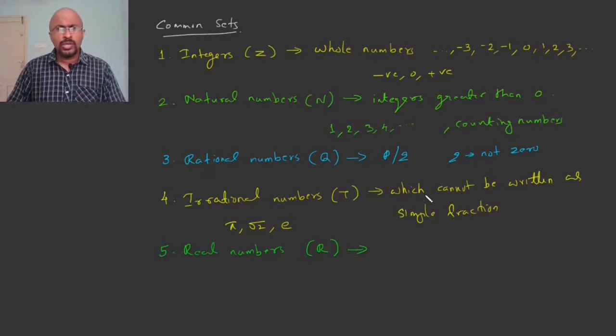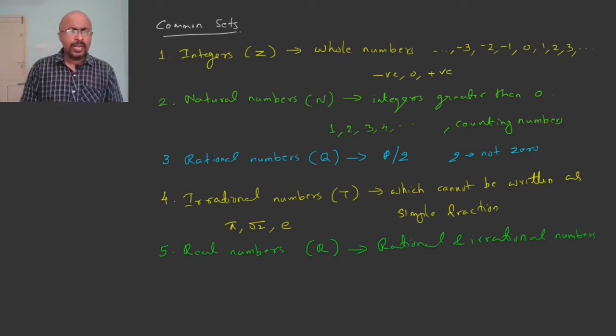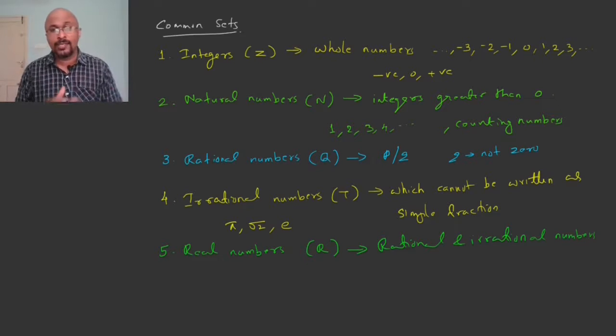So it includes both rational and irrational numbers. So real numbers include all numbers except imaginary numbers. We know there are imaginary numbers also, and we will study about them in future classes.